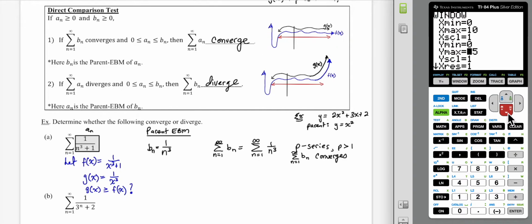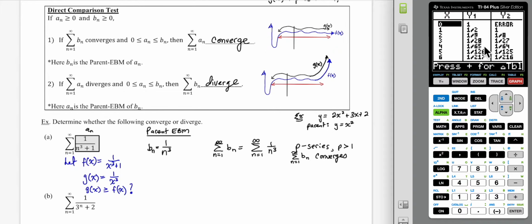Let's make it 0.05. Almost indistinguishable. But you can go into the table and look, 128th, 127th, 126th, you get the idea. So this is a true sentence, so yes.